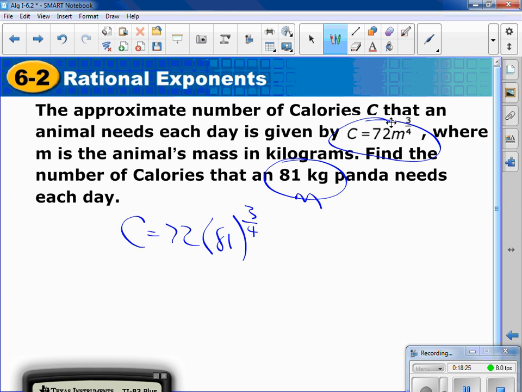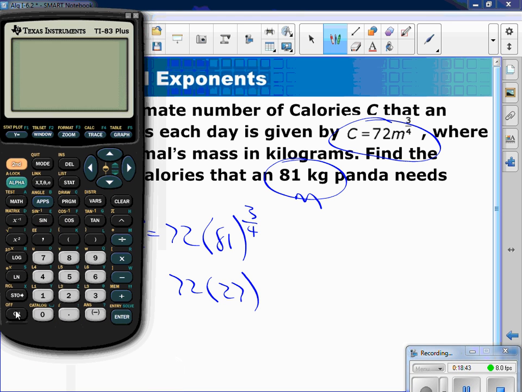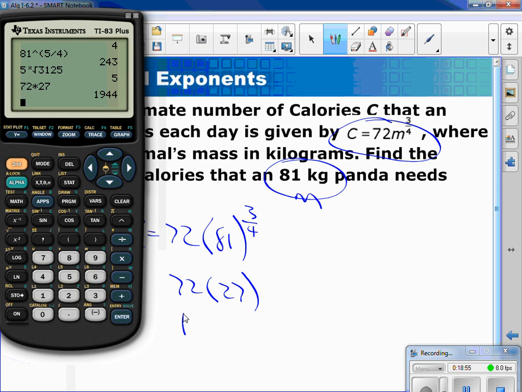What's the 4th root of 81? 3. What's 3 cubed? 3 times 3 times 3 is 27. Now I have 72 times 27. 72 times 27 is 1,944 calories.